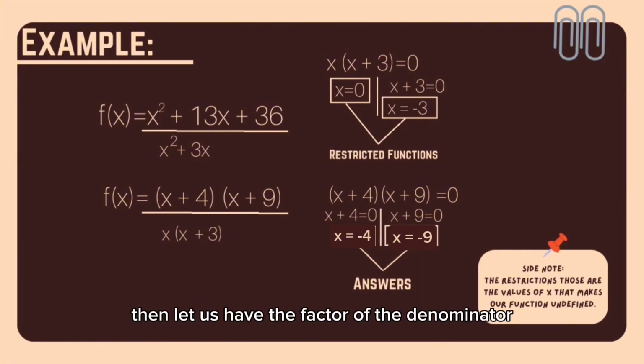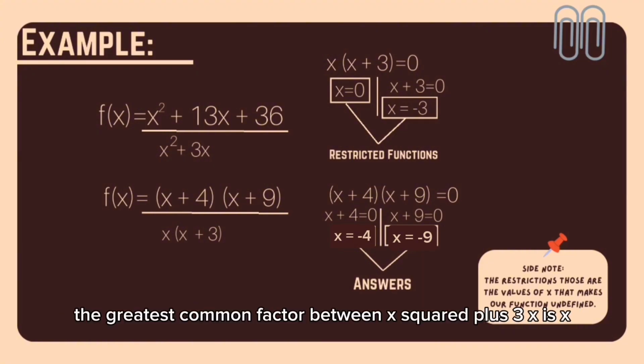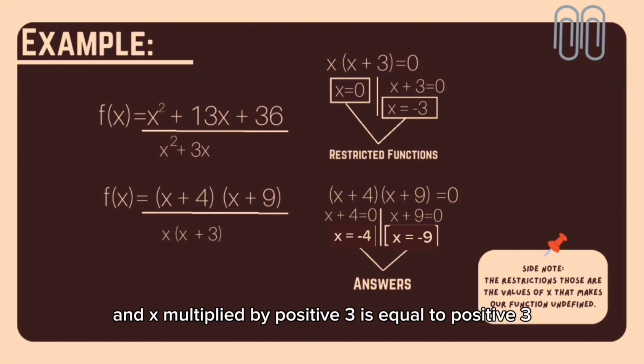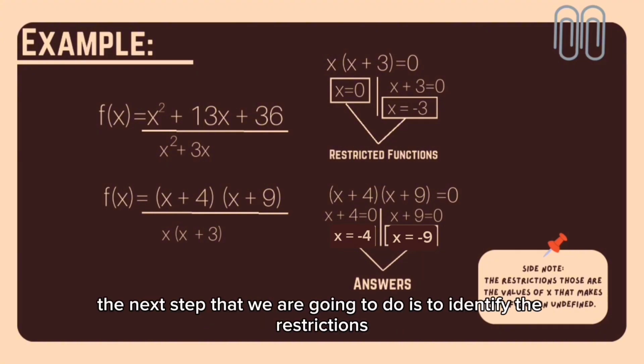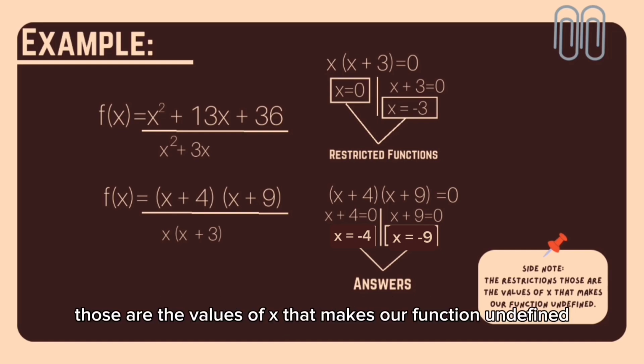Then, let us have the factor of the denominator. The greatest common factor of x squared plus 3x is x. x multiplied by x is x squared, and x multiplied by positive 3 is equal to positive 3x. The next step is to identify the restrictions. The restrictions are the values of x that make our function undefined.